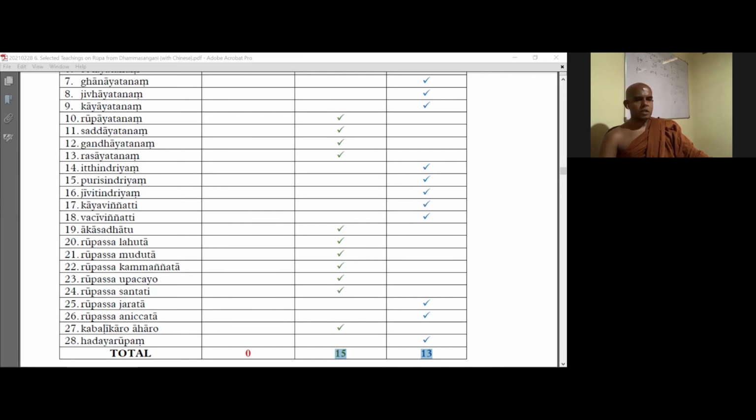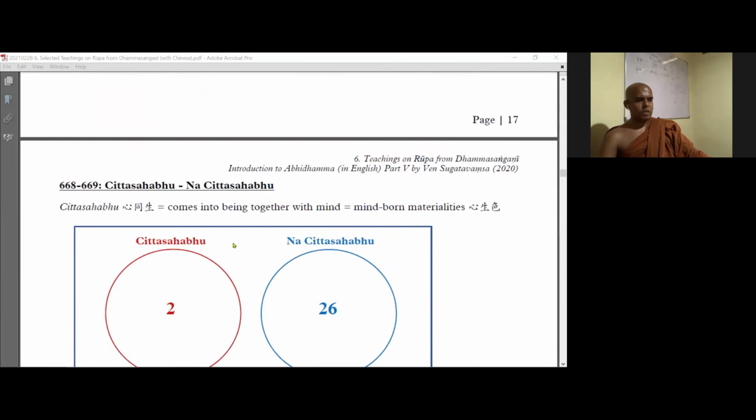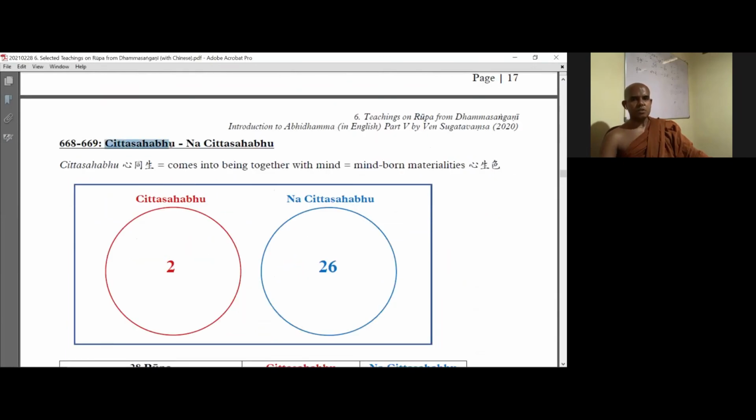About the next classification, according to the Dhammasangani: Chitta Sahabhu group. Chitta Sahabhu comes into being together with mind, meaning mind-born materiality.